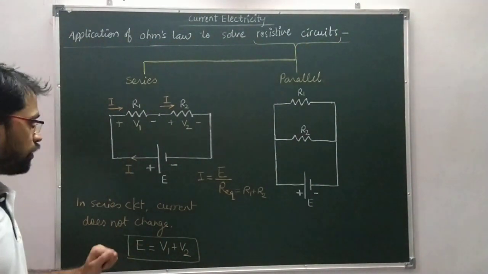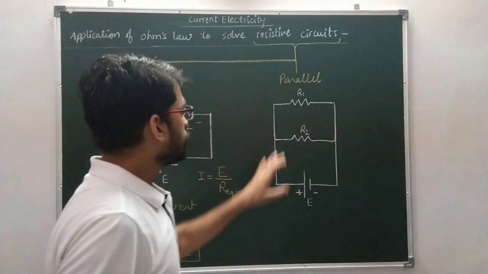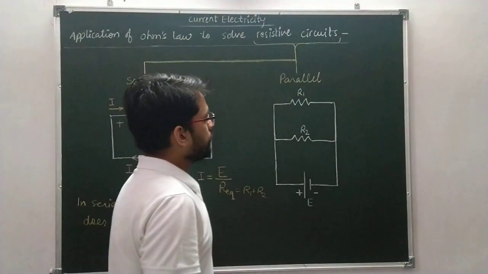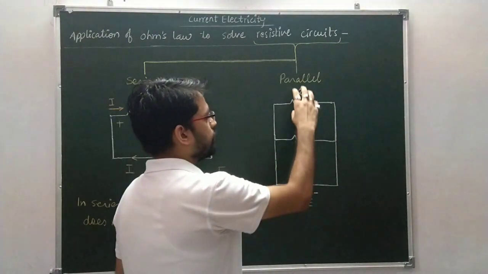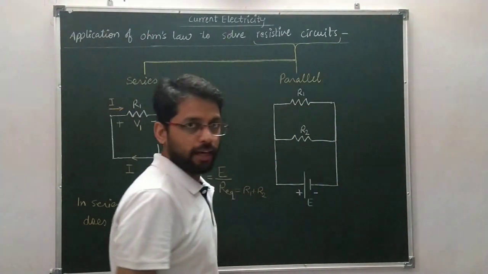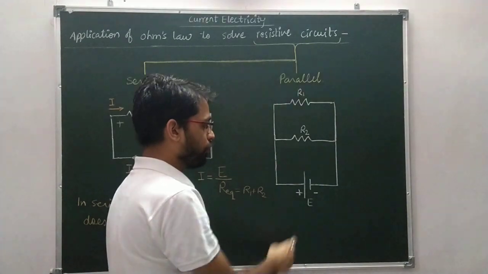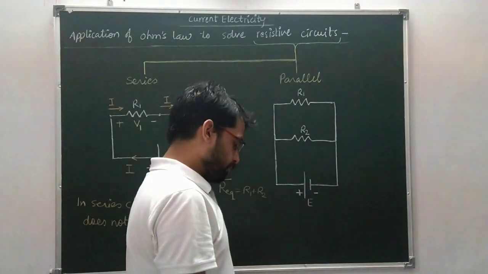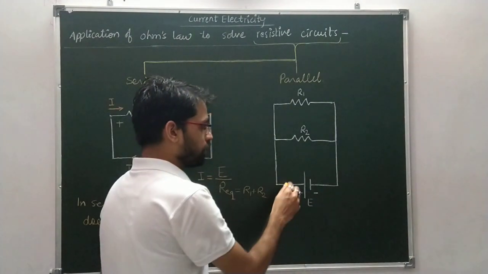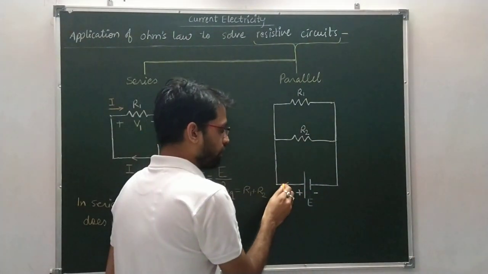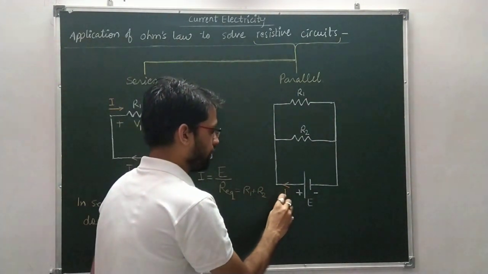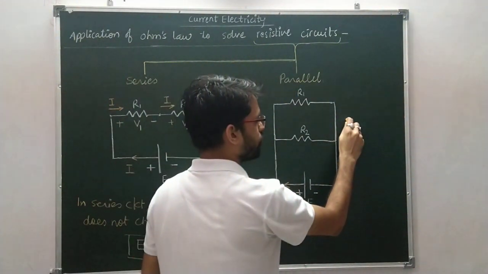Now come to the parallel resistive circuit. In this circuit, the resistors are connected in parallel with the cell of EMF E. And again, step number 1, find out the current drawn from the cell I, which is given by the same formula.